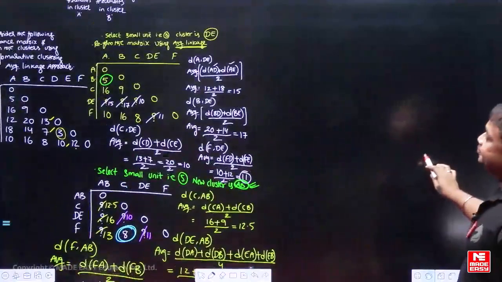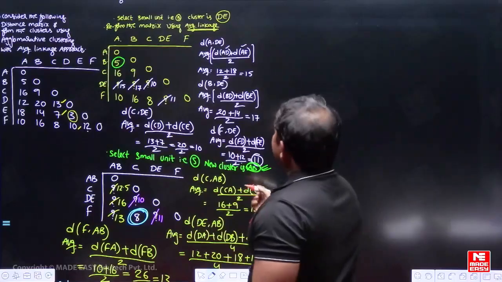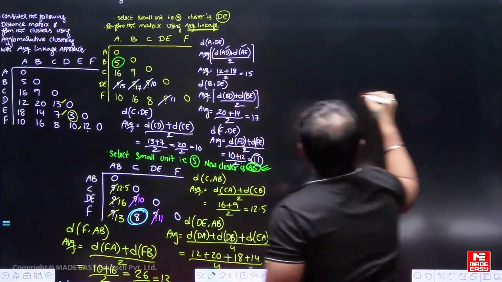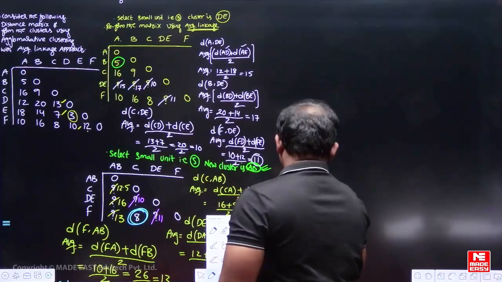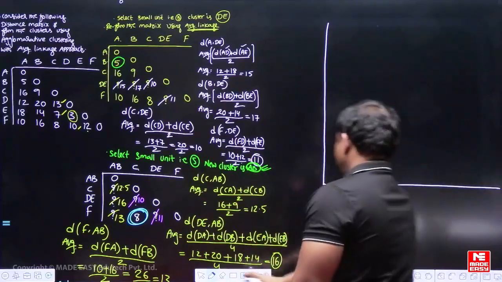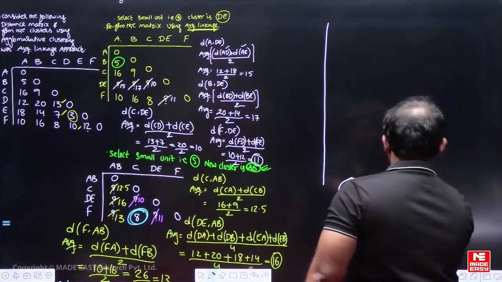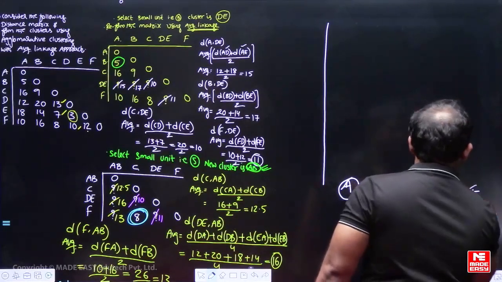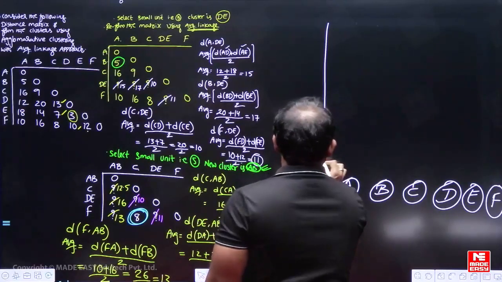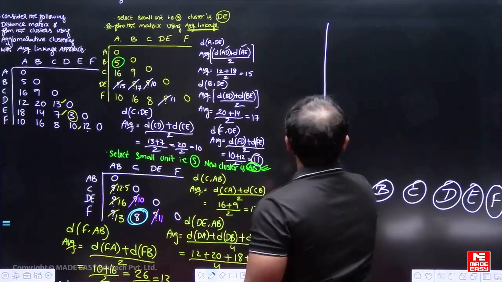So here you just see this. In the dendrogram, all of you watch this. First of all, the dendrogram unit is 3. I am writing like this. This is the dendrogram: A, B, C, D, E, F in total. So this is 0, this is 3, and after that 5.